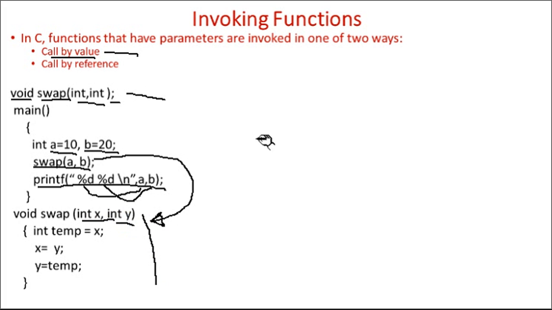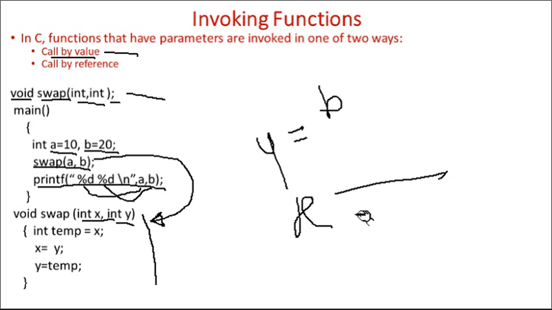What it means is that to y we are assigning the value b, and similarly to the variable x we are assigning the value a. So a and b are the actual parameters, x and y are the formal parameters. This is where the assignment to x and y is done.